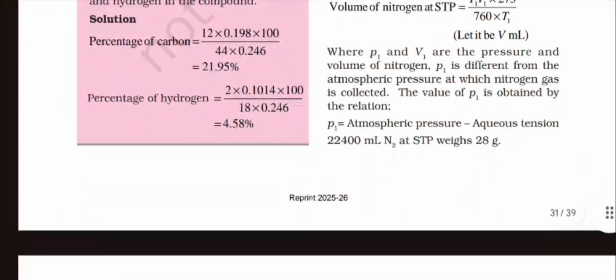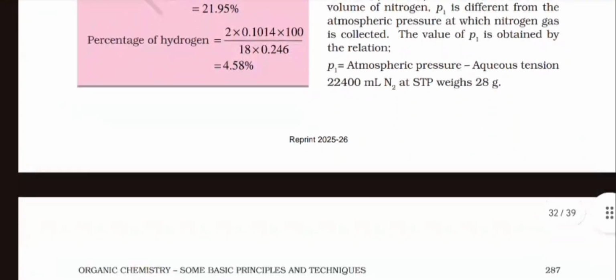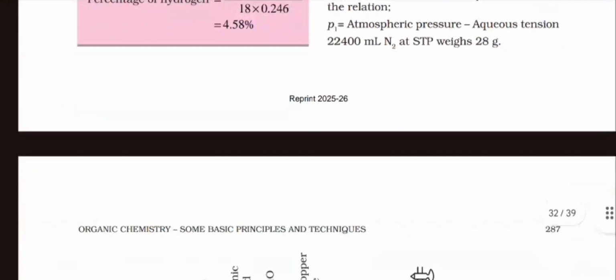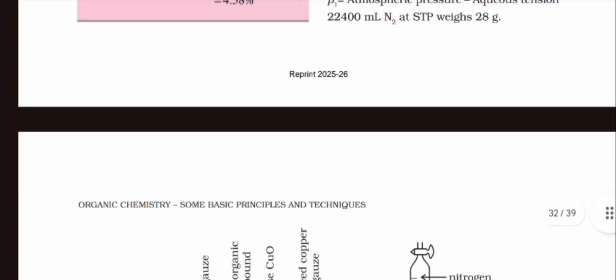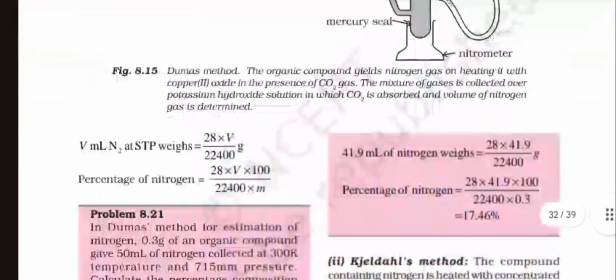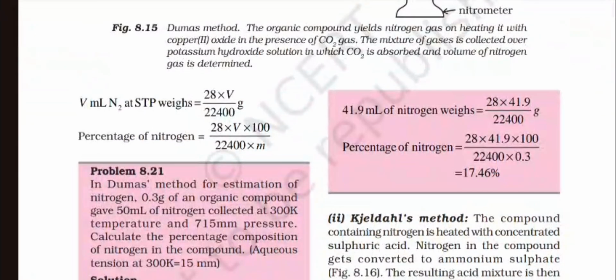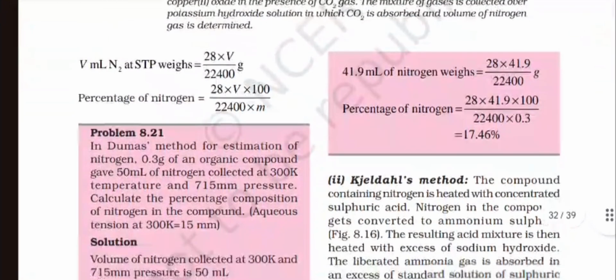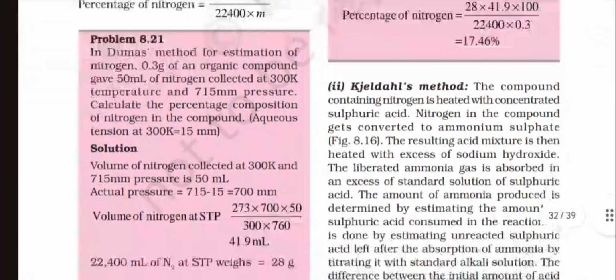The value of P1 is obtained by the relation P1 = atmospheric pressure minus aqueous tension. 22400 ml at STP weighs 28 g. V ml at STP weighs 28 × V / 22400 g. Percentage of nitrogen = 28 × V × 100 / (22400 × m).